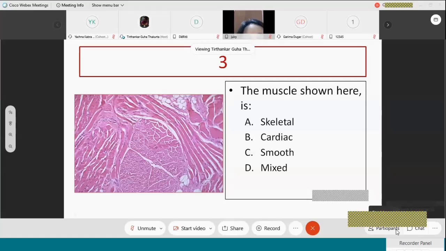So we are getting different responses. Most of you think this is skeletal muscle, whereas some are going for the other options.